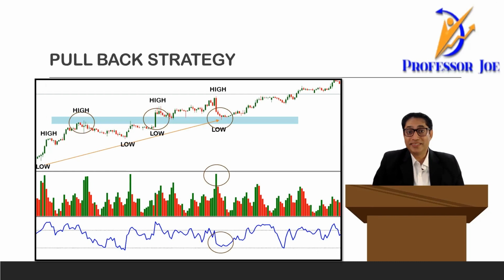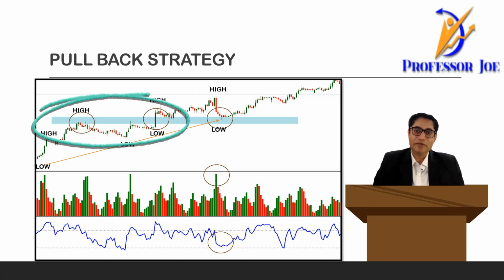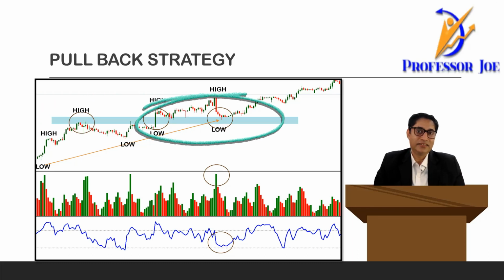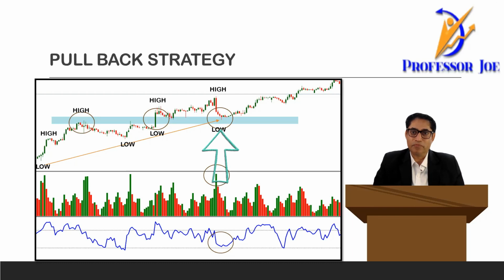Now let us look at this snapshot and I'm sure you will understand. You can see a clear uptrend, you can see higher highs and higher lows. You can see a clear break of resistance and a new support has been created. You can see a wonderful bullish candlestick pattern that has been created.